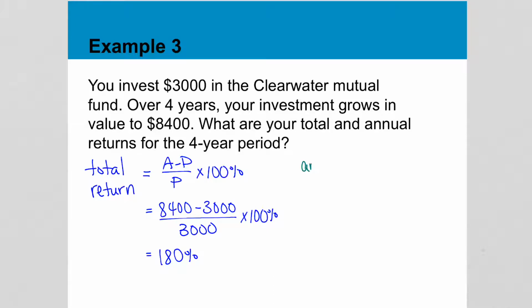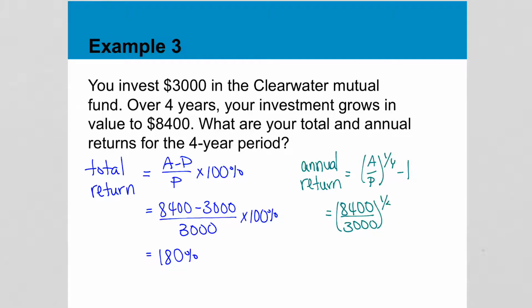The annual return is A over P to the 1 over Y, minus 1. So 8,400 divided by 3,000, to the 1 over 4, minus 1.